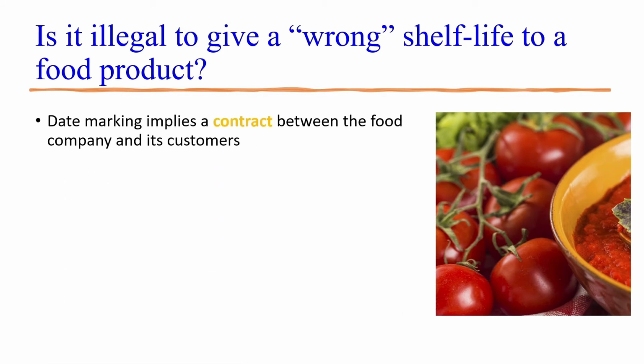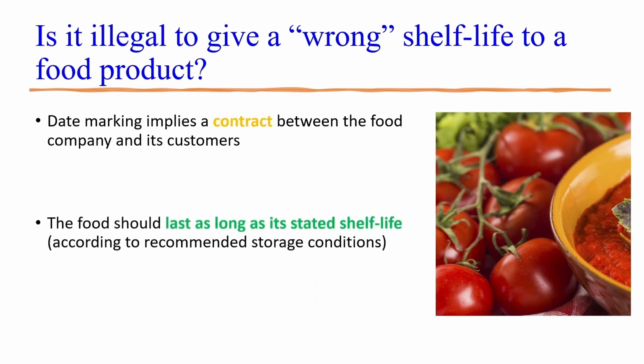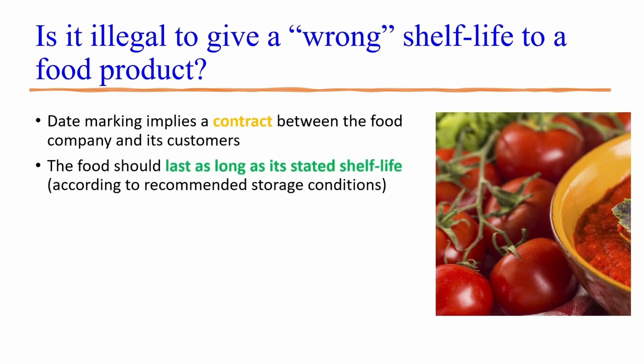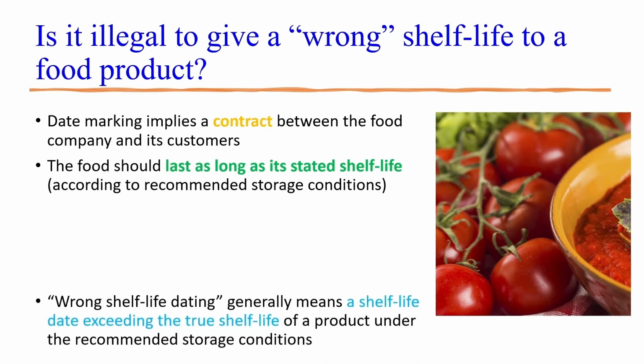The date marking actually implies a contract between the food company and its customers. The food should last as long as its stated shelf life, but we need to follow the recommended storage conditions.